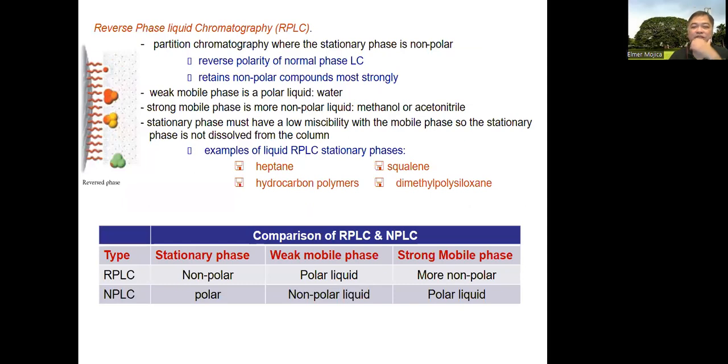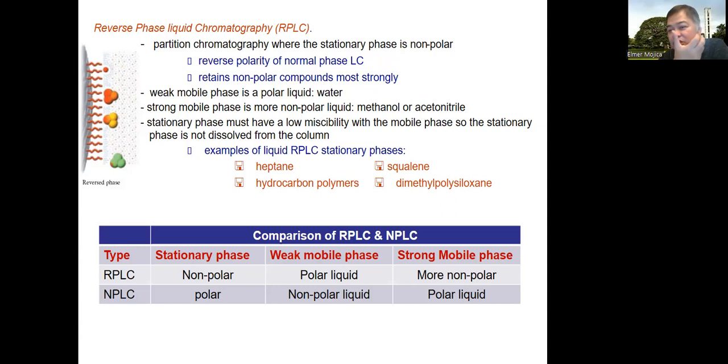Now, if you have the reverse phase, it's the reverse. You have a non-polar stationary phase and usually a polar mobile phase. So reverse phase chromatography has a non-polar stationary phase, a reverse of the polarity of normal phase LC, and it retains the non-polar compound most strongly.